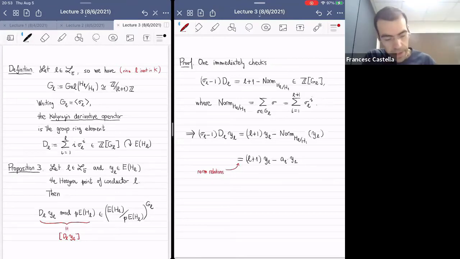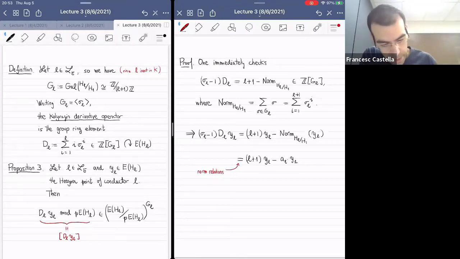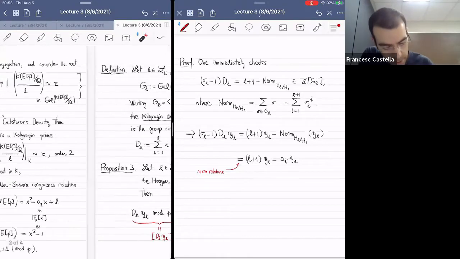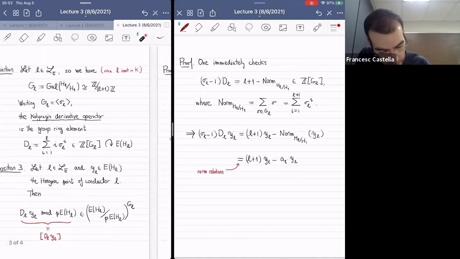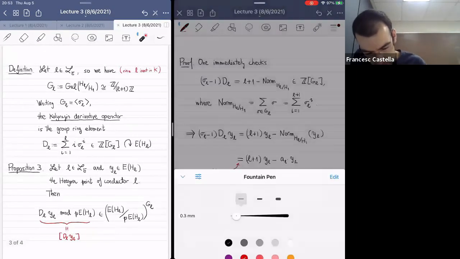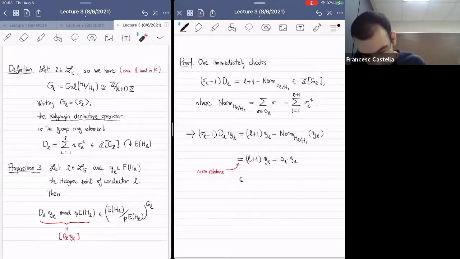But now we took a prime in this set L_p, which all consist of Kolyvagin primes. So L plus 1 and a_L are both divisible by p. So this element here belongs to p times E(H_L).